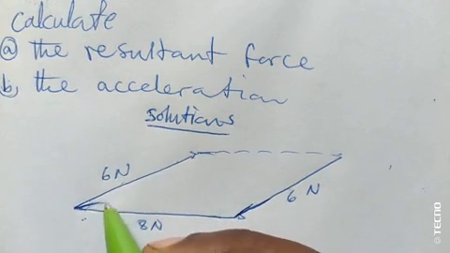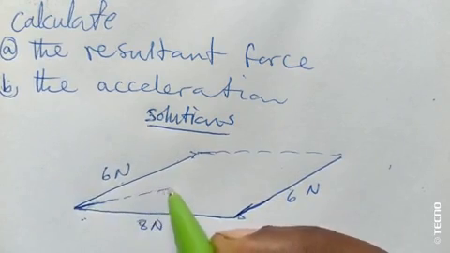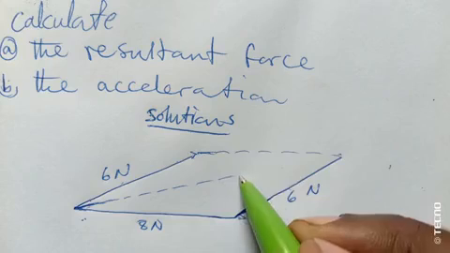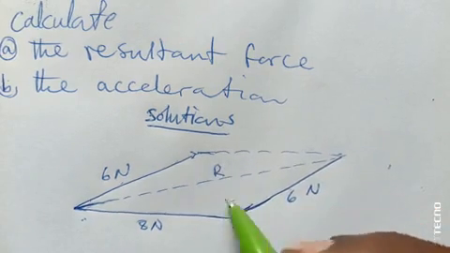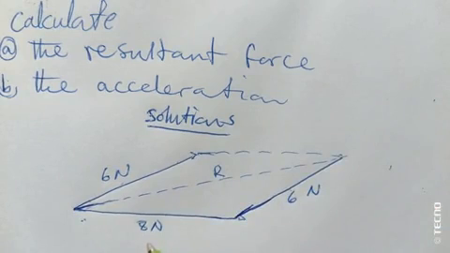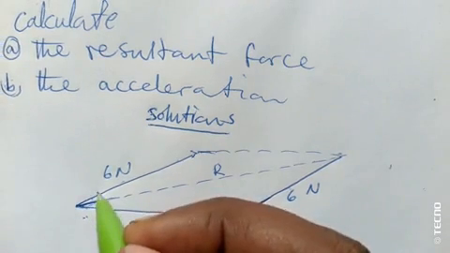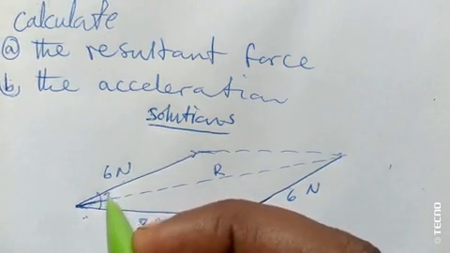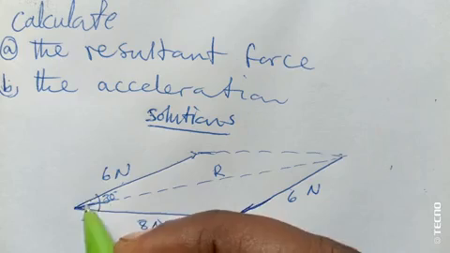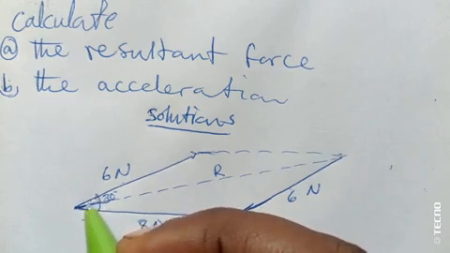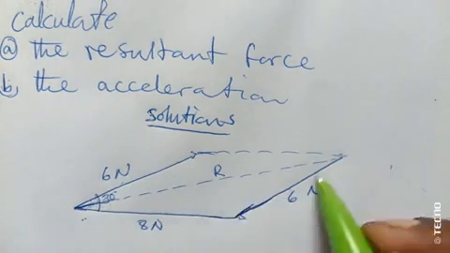Your resultant force will be this, the diagonal. This is where I'm going to say R. That's where we'll find your resultant force. Remember here you've got the angle which is 30 degrees. This line and this one are parallel.